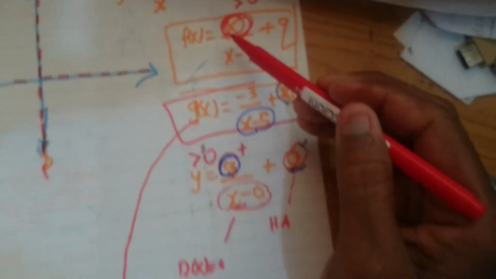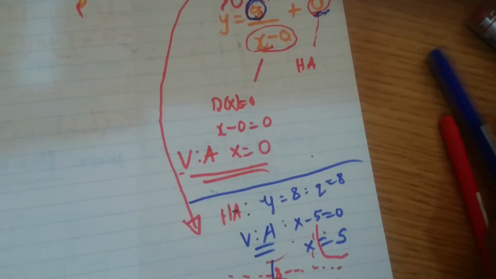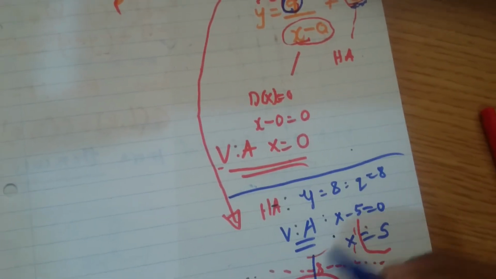If this k is less than 0, then vice versa, it lies in the second and fourth quadrants of the asymptotes. But now we're not dealing with the hyperbola, so let's go straight to the question.